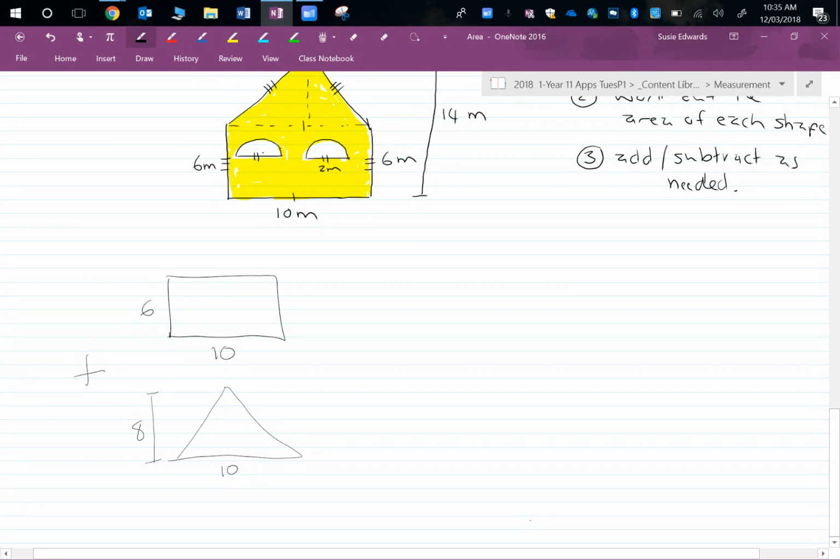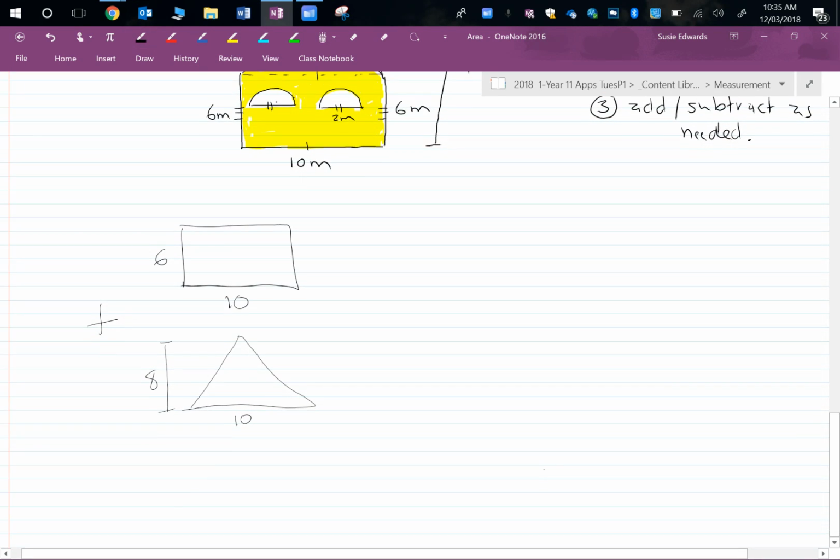So we're going to have to add those two things together. What else do we have to get rid of? What do we have to get rid of out of that shape? The semicircles. So we've got 2 semicircles with a diameter of 2. And there's 2 of them, which makes a full circle.